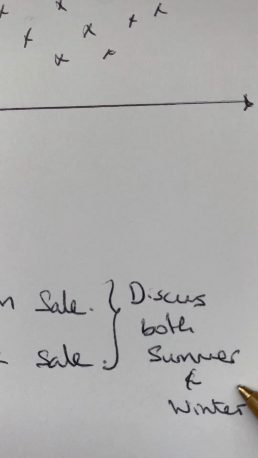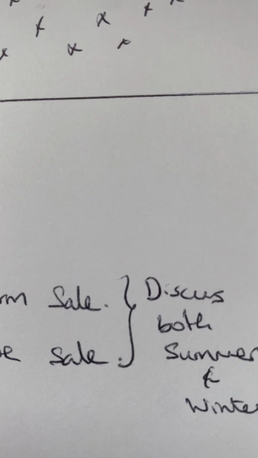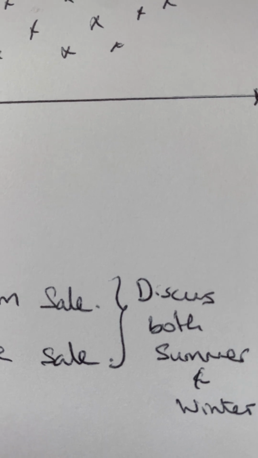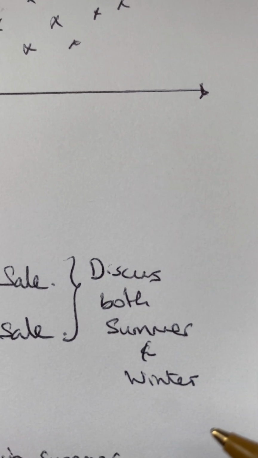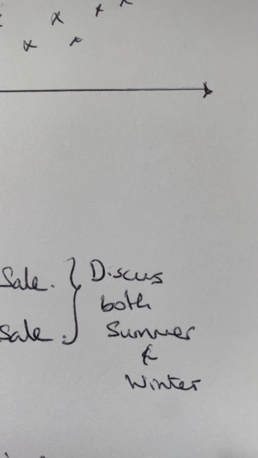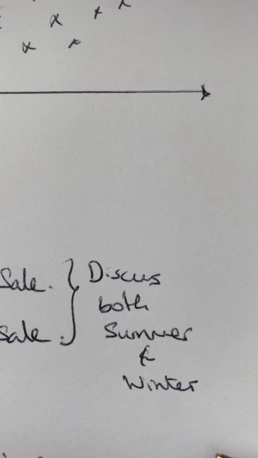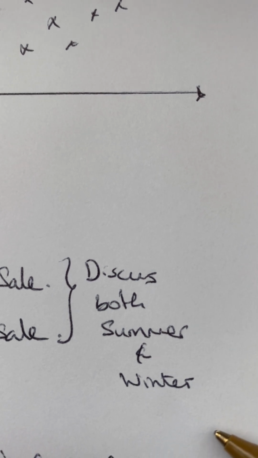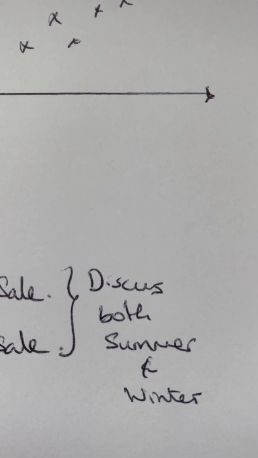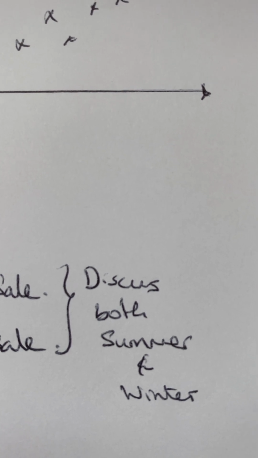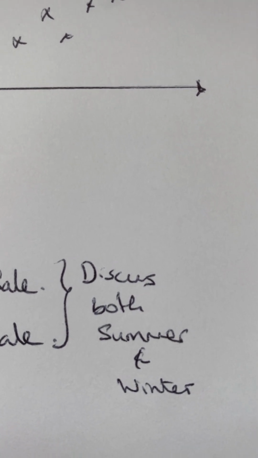but in winter it might have a negative correlation because people have already bought their shoes in the beginning of the year and they might not buy it again till the next year, because they expect it to take at least a year for it to wear out.